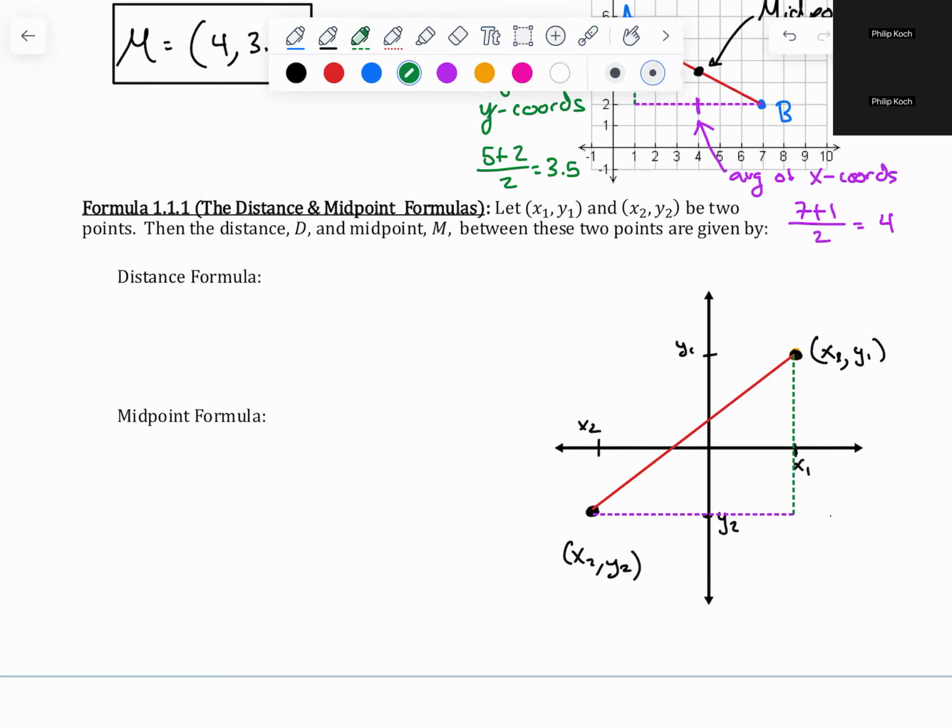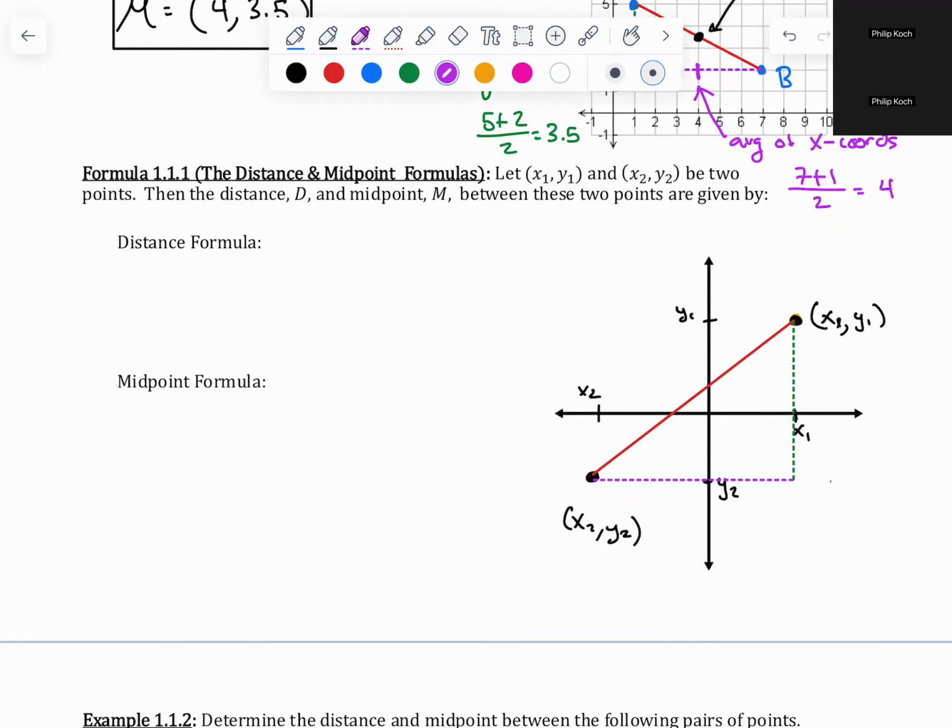So these are two arbitrary points in space. I'm just saying x sub 1, y sub 1 is in quadrant 1, and x sub 2, y sub 2 is in quadrant 3. It could be that both of them are in quadrant 1, or the first one's in quadrant 2 and the second one's in quadrant 4. It really doesn't matter at the end of the day. As long as I have two points, I can always create a line connecting them to create a hypotenuse, and then draw a vertical line and a horizontal line to create a right triangle.